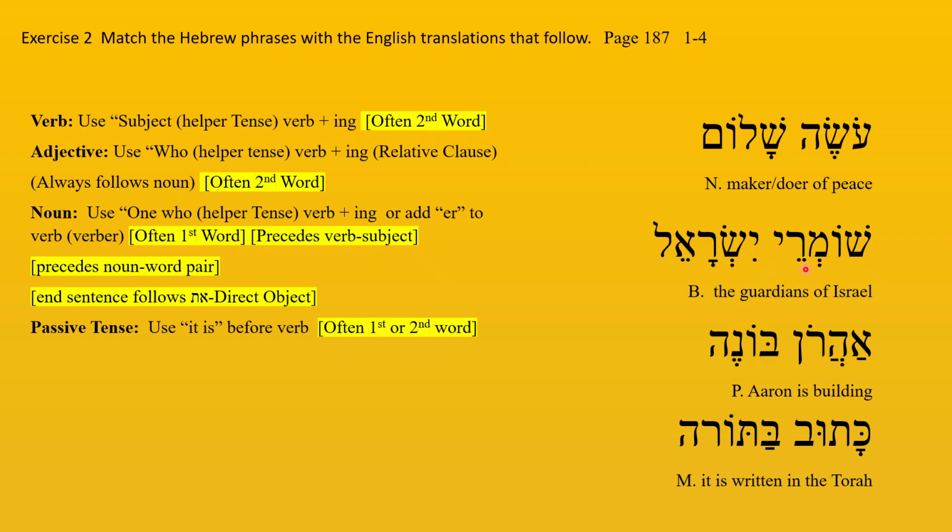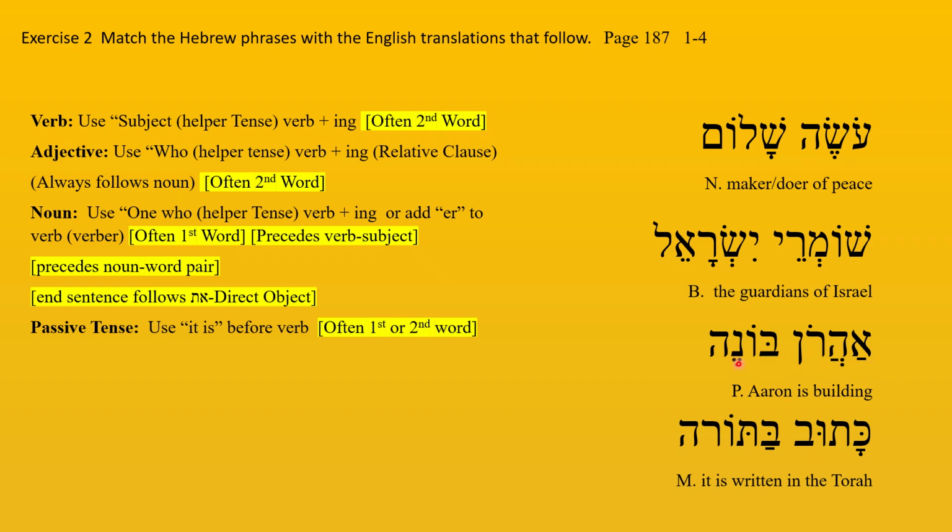Again, you have a word pair. The vowel ending of the tsere yod guarantees you that this is a word pair because this is the word pair ending for masculine plural. So the guardians, so the ones who guard, they are the guardians of, put in your word pair word there, of Israel. Okay.